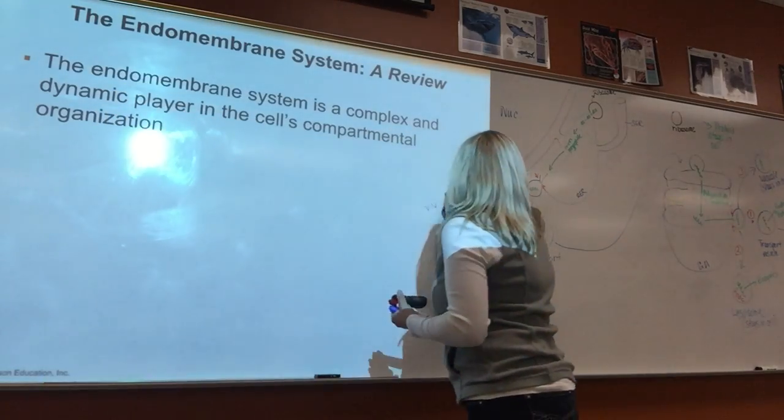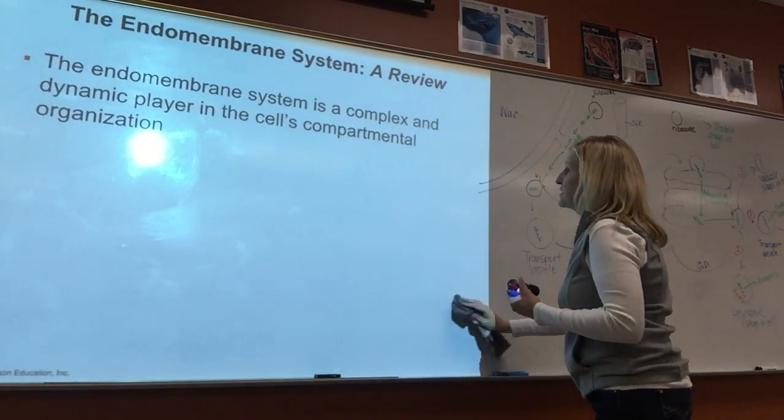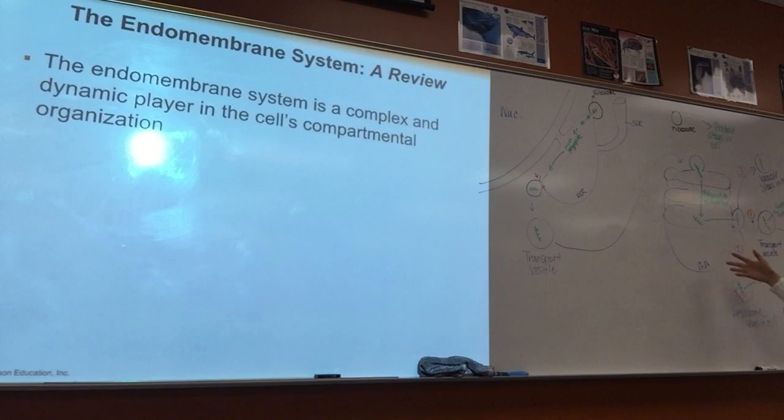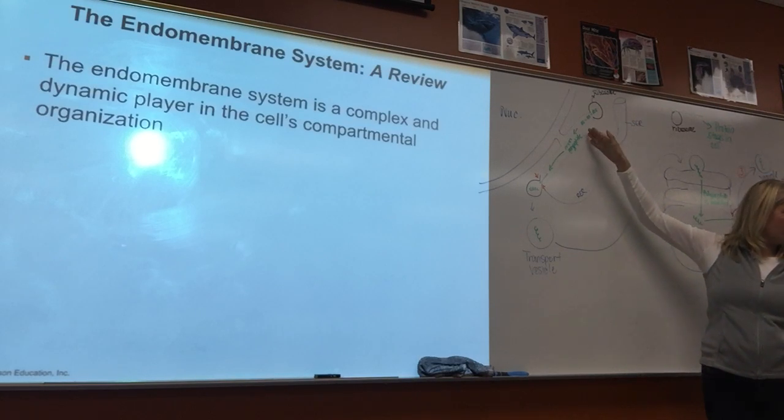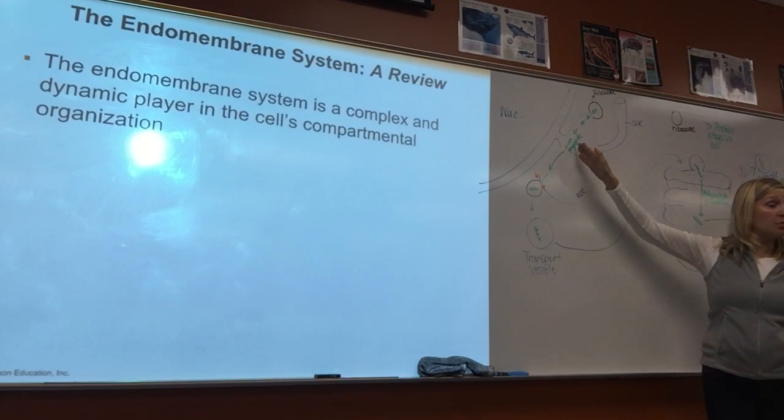All right, so that rounds up the endomembrane system. Looking at this drawing here, you should be able to explain something like this. If I asked you to describe how a protein is secreted from the cell, you should be able to start off with saying a bound ribosome on the rough ER puts amino acids together to make a protein.